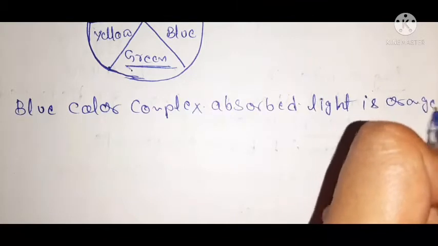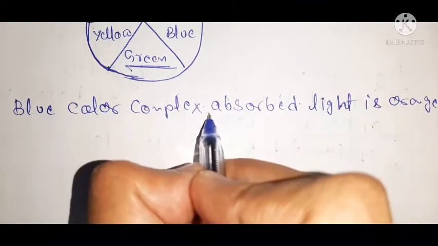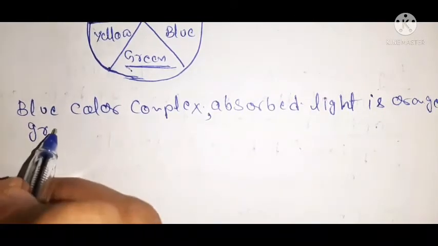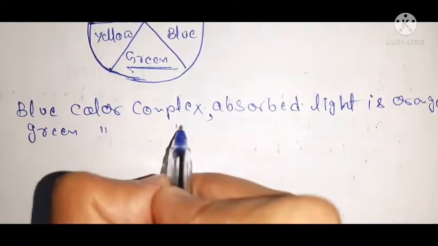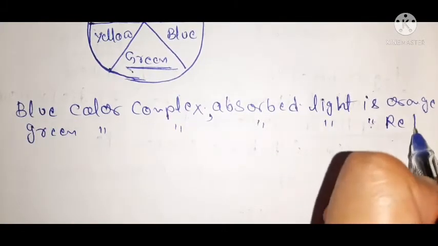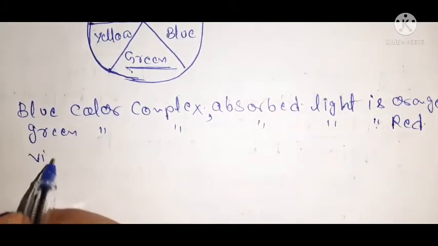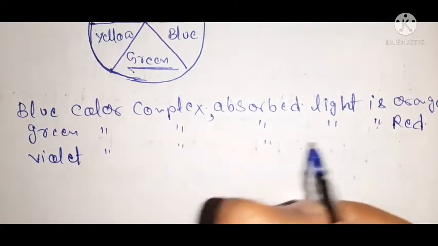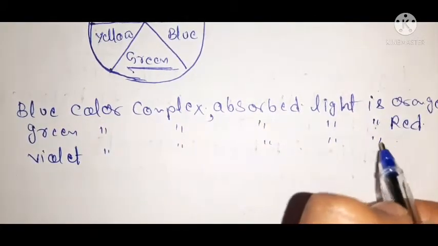So the complex with blue color can absorb orange light. Similarly, green color complex can absorb red light and violet color complex can absorb yellow light.